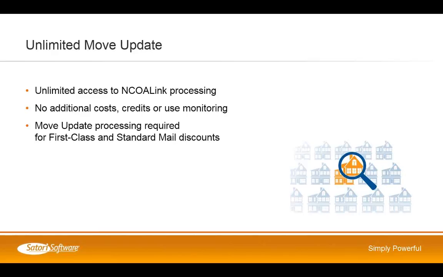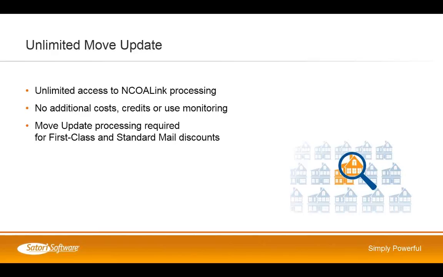If you're running those fairly frequently, then this option can give you peace of mind that you're not going to run out of credits at any time. Even if you have small lists, you can run them every time. Yeah. You don't have to say, oh no, I'm going to save some money and not run it this time, and of course then run the risk of returned mail. Exactly.